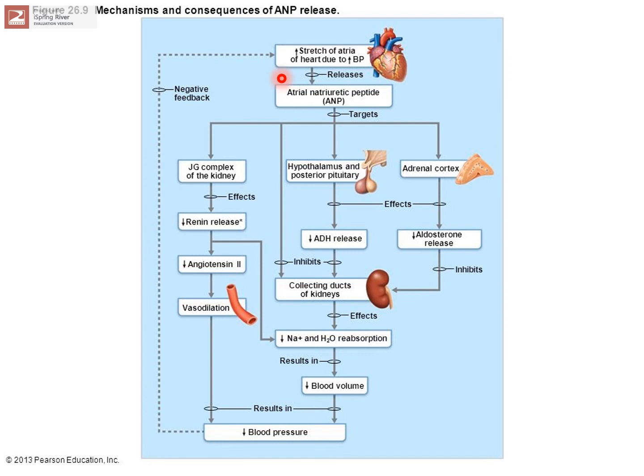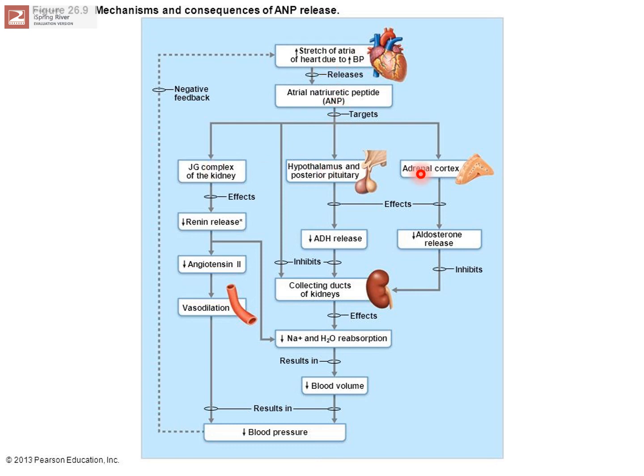All right, so this picture shows the mechanisms and consequences of atrial natriuretic peptides secreted by the heart cells. Now, what initiates ANP secretion is high blood pressure. Like I said, in the presence of chronic hypertension, people secrete atrial natriuretic peptides.